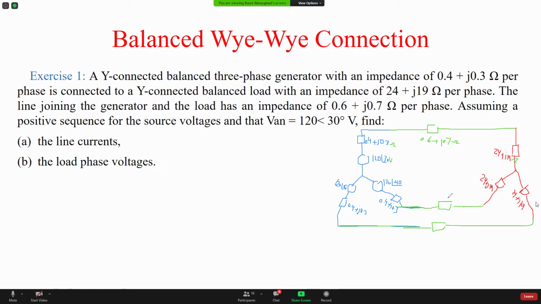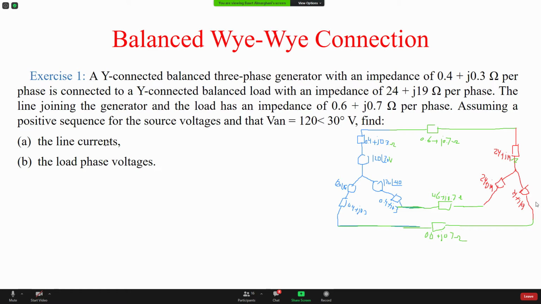Same here, 0.6 plus J0.7 ohm. And the same here, 0.6 plus J0.7 ohm. So this is the circuit, this is the connection. Y source, Y load, line in between to connect the power from the source to the load. The line has impedance, the load has impedance, they're balanced, and the source has voltage and internal impedance.